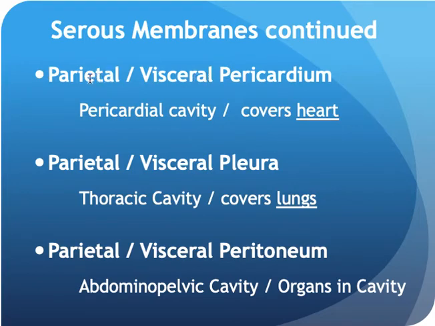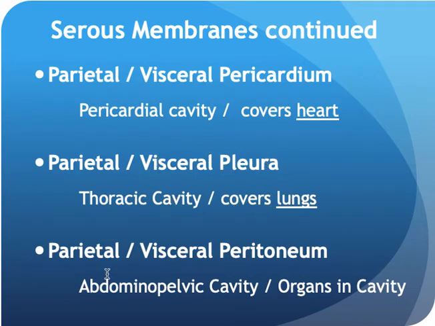In the top one here, you have a parietal and a visceral pericardium. The parietal one is going to line the pericardial cavity, and then the visceral pericardium is going to cover my heart. Then I do the same thing for the other cavities. With a parietal and a visceral pleura, we said pleura refers to the lungs. The parietal one is going to line the thoracic cavity, and the visceral pleura is going to cover my lungs.